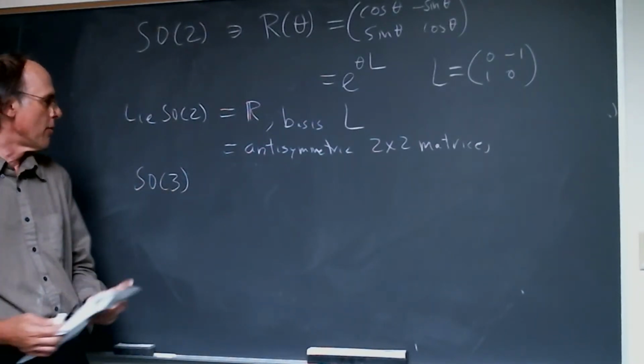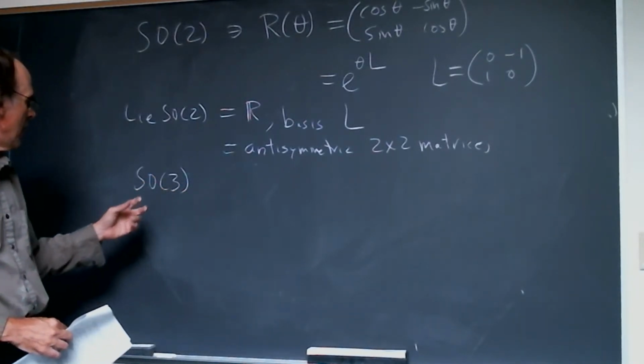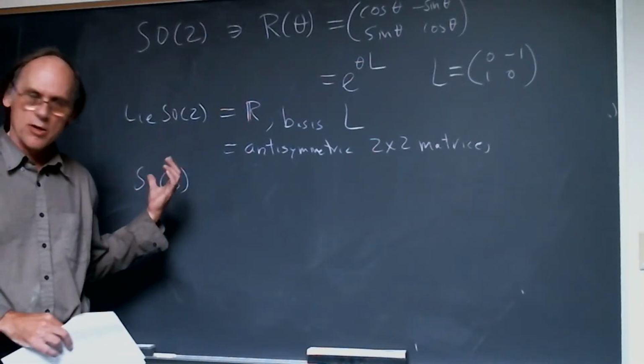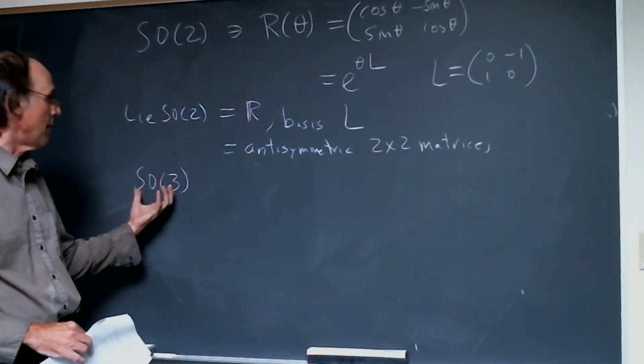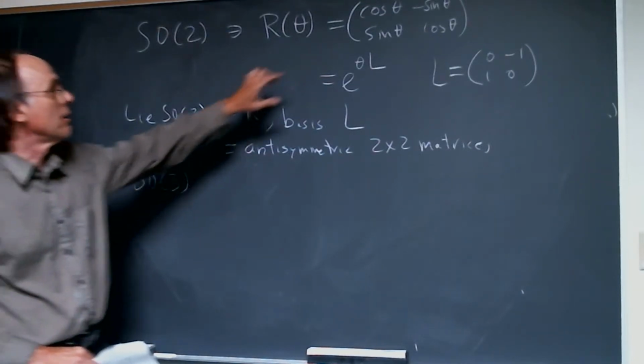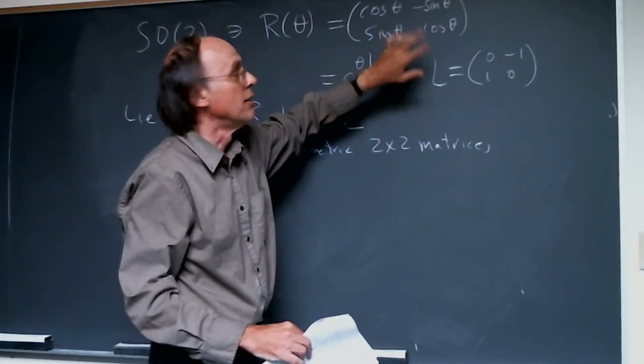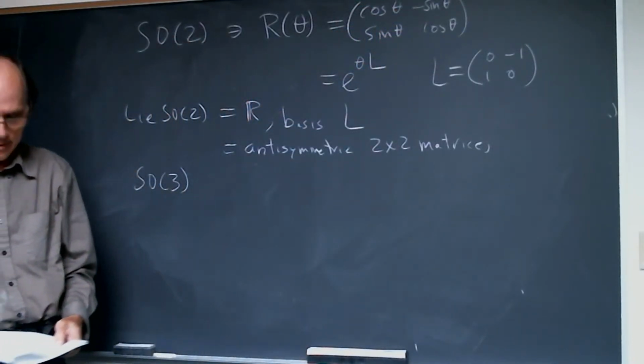But if you want to actually get your hands on these things and start parametrizing them, you immediately have a problem: they're a lot harder to manipulate and a lot more confusing than these guys, which are just a simple 1 parameter family.